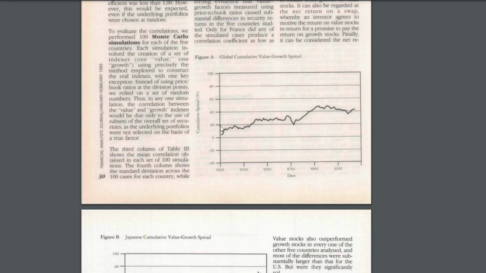So it's the value of the value minus the value of the growth, in a percentage. And so it's clear that these value stocks are earning a lot more, right? 40% more over time, globally, in all the markets tested.